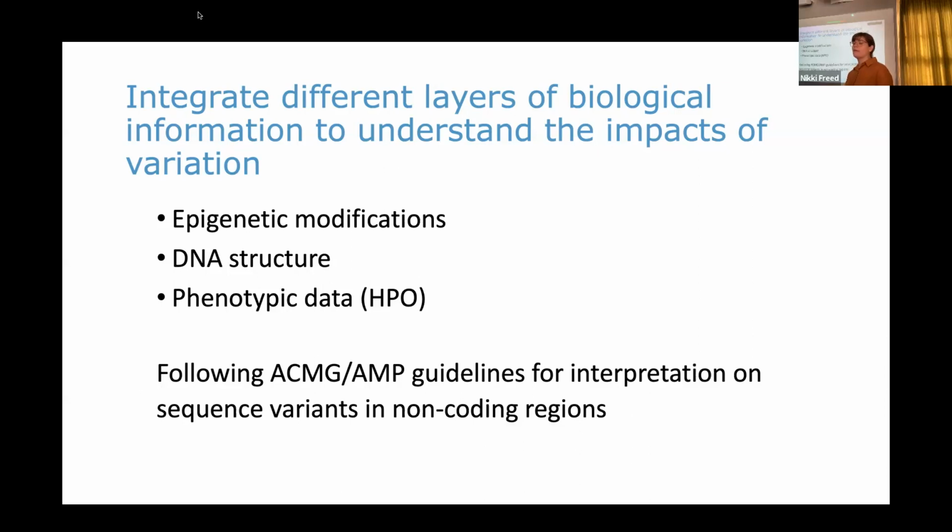Justin's group have already developed some algorithms for doing this in more common diseases, and we'll be using them here for this project. This is starting to be done a bit more in the rare disease space. There have actually been some guidelines produced for interpreting these different layers of information in non-coding regions, so we'll be following those. That's set up by the American College of Medical Genetics.